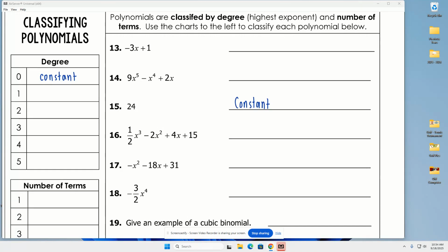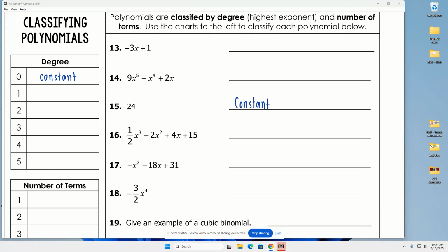Okay? All of these are in standard form for me, by the way. Number 15 is the only one that has no term that has a variable. So it's a constant. What if my biggest exponent was a 1? If my biggest exponent was a 1, doesn't that mean my biggest variable is x to the first? Do you know what you called those in the past?